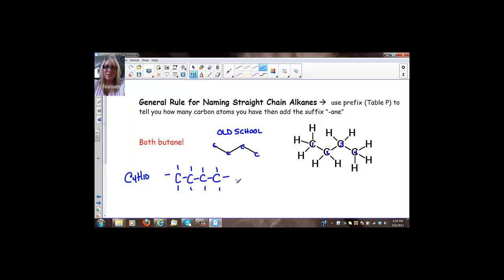This is what you'll see on the Regents exam and the way that I expect you to write it. And this is what you'll see in some textbooks, and it'll also look like this if you use the model kits, because the model kits can represent three-dimensional figures.